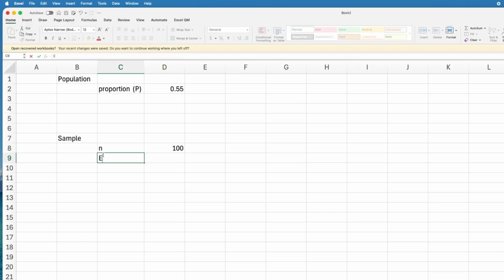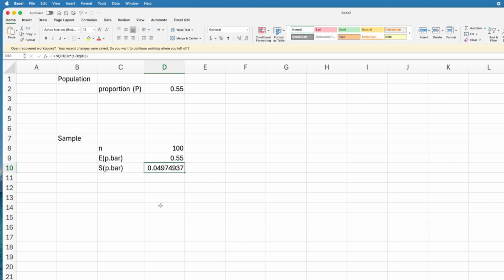So the mean, or E of p-bar, is equal to the proportion we had, and the standard error of p-bar is equal to the square root of p multiplied by 1 minus p, divided by n. So now I have a normal distribution that has a mean of 55% and a standard deviation of 5%.